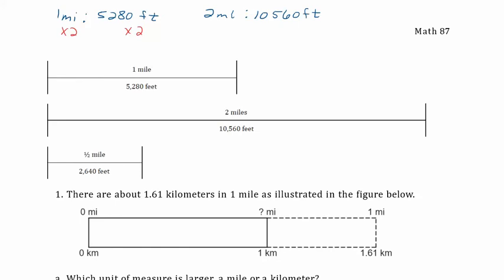So 2 miles is equivalent to 10,560 feet. We could also scale this by a half. We'll write this in green. So if I scale this by a half, I get this third diagram down here, which is the fact that a half a mile is equal to a half of 5,280 feet, or 2,640 feet. So you can scale any of these rates to come up with new equivalencies.